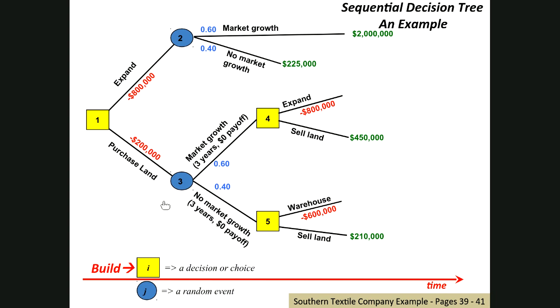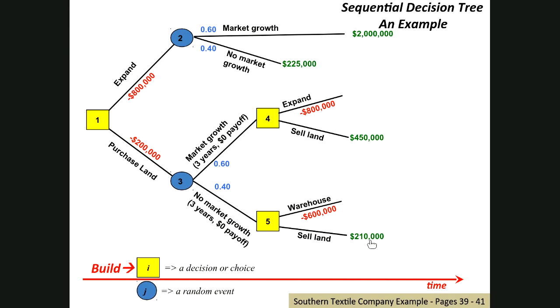In the other case, if it happens out of our control that the market doesn't grow, we'll still have a choice, but then we could build a warehouse on the property at a cost of $600,000, or sell the land for less than if the market grows. If it doesn't grow, we could sell it for $210,000.